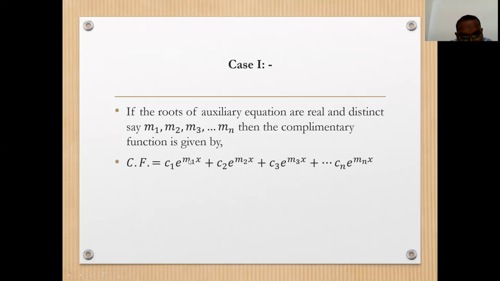Here c1, c2, c3 up to cn are all arbitrary constants.